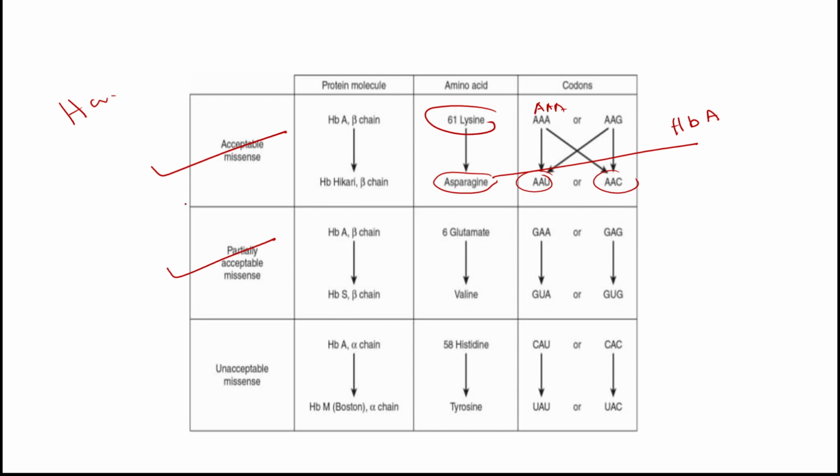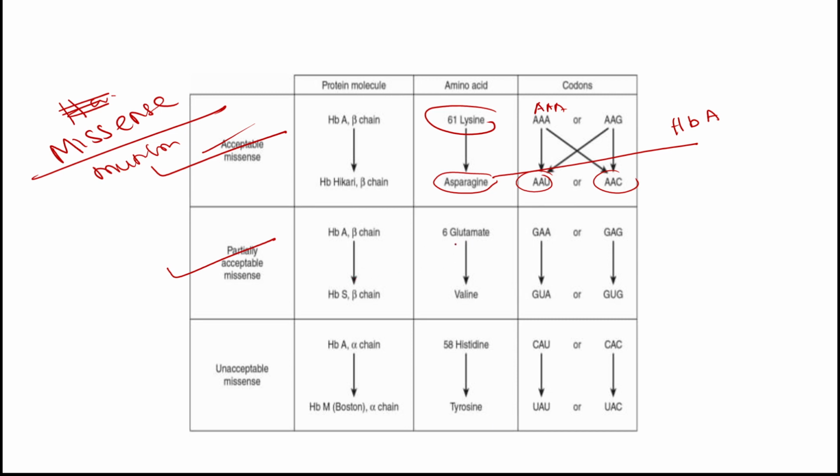Then the partially acceptable missense. Such changes, where a different amino acid replaces the actual amino acid that would have been there, are known as a missense mutation. Now, as I said, there could be acceptable ones and partially acceptable ones, such as in sickle cell anemia.